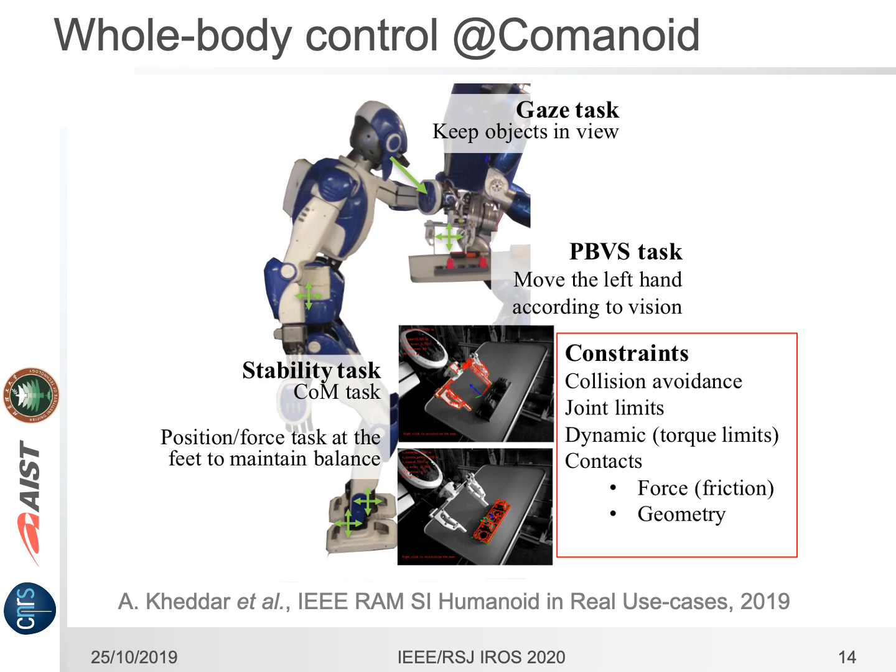Notice that visual servoing, which also requires keeping both the objects of interest and the gripper in the robot embedded camera field of view, a setpoint task to reach the target where the object is to be assembled, and a force task to assemble that object, all under balance constraints implying the center of mass, collision avoidance, torque limits, etc., are solved at each QP iteration of the controller. You can find a video concerning this demonstrator attached to the paper published recently at IEEE RAM 2019.